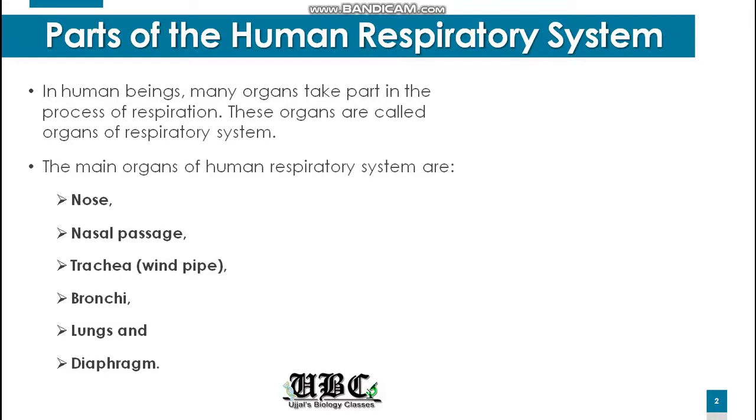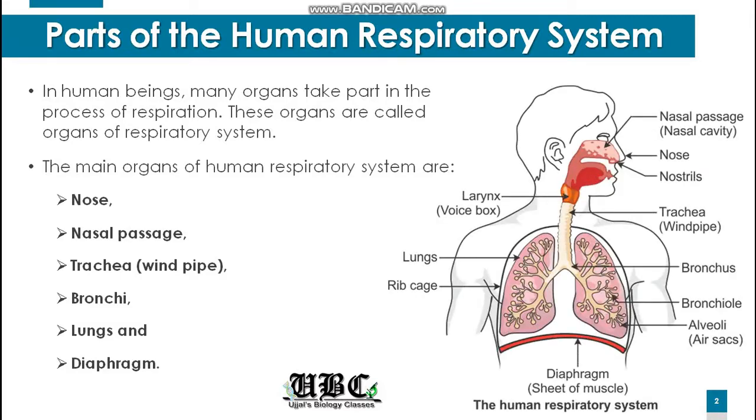Now let's have a look at where these parts are situated in our body. Here is the diagram of the human respiratory system, and we start with the nose and the mouth through which the air enters. It goes to the nasal passage, and this portion is called the pharynx, the portion between the mouth and the trachea.